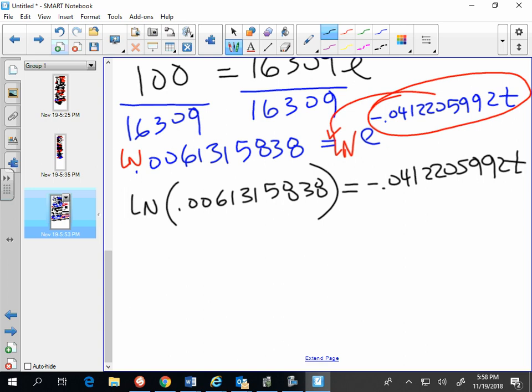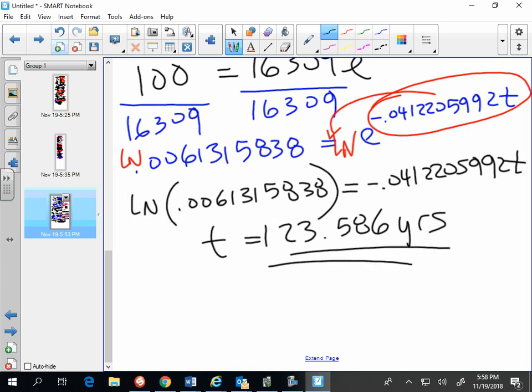So what will that leave me? ln of 0.00613158838 divided by negative 0.04122059992. I end up with t equals 123.586 years. It's going to take a long time to get the number of tuberculosis cases down to 100 per year. It's going to take almost a century and a quarter.